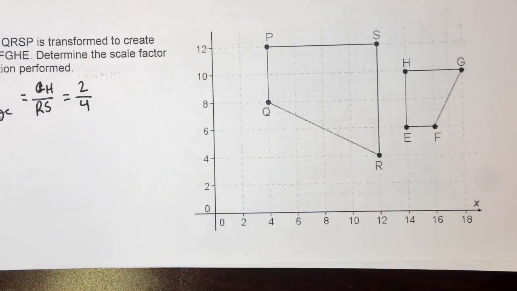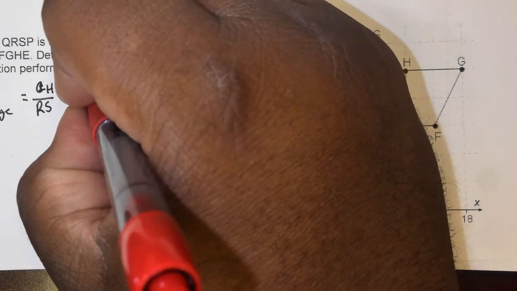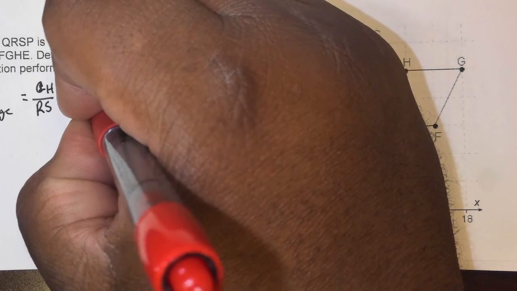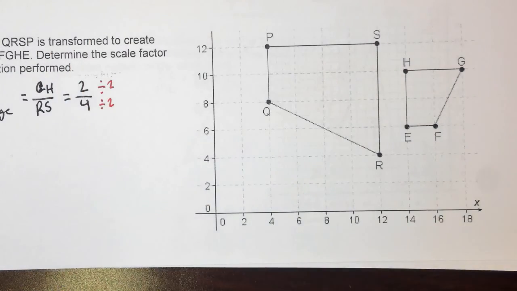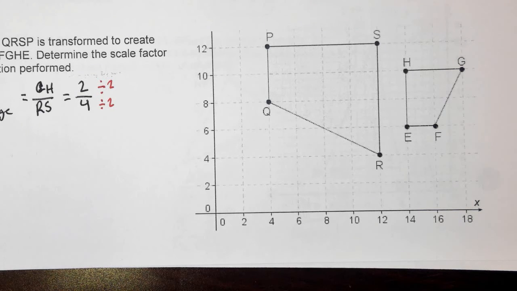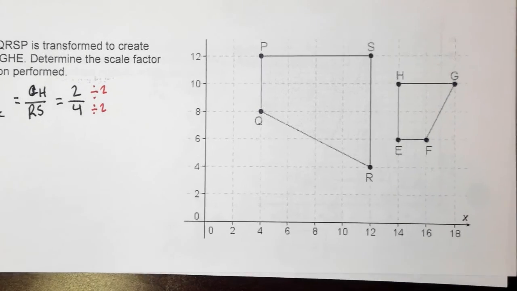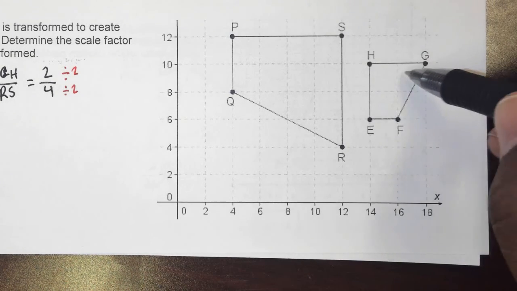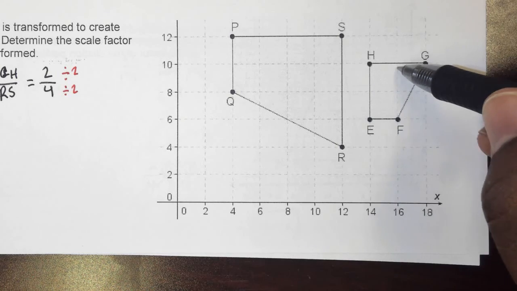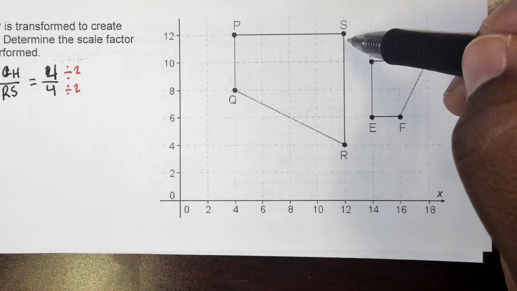2 over 4 reduces down to what? I'm sorry? Oh, I never paid attention to that. It doesn't even really matter though. Let's do it right though. So GH is 2, 4, so that's 4, and then this is counting by 2s: 2, 4, 6, 8.